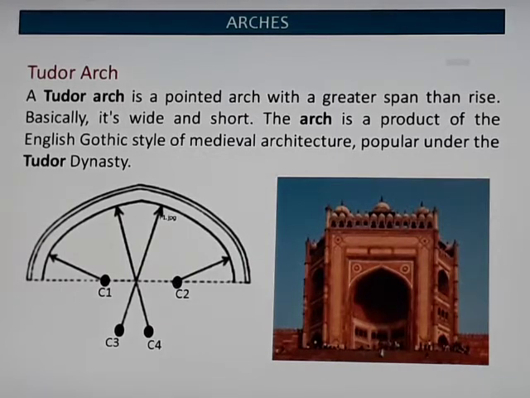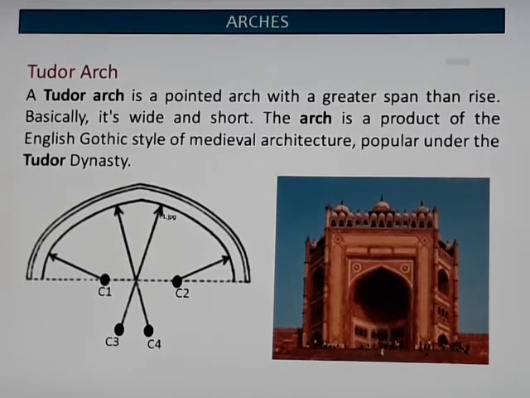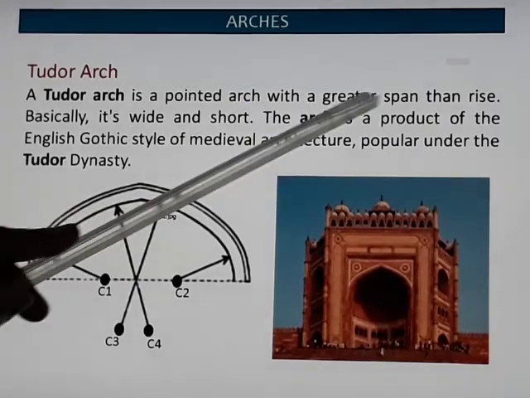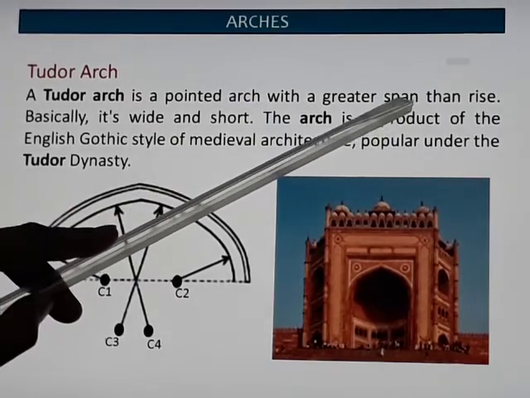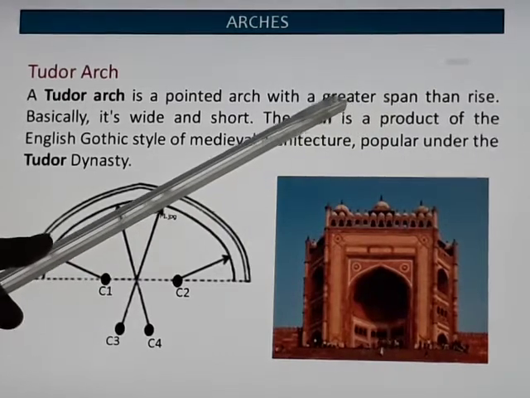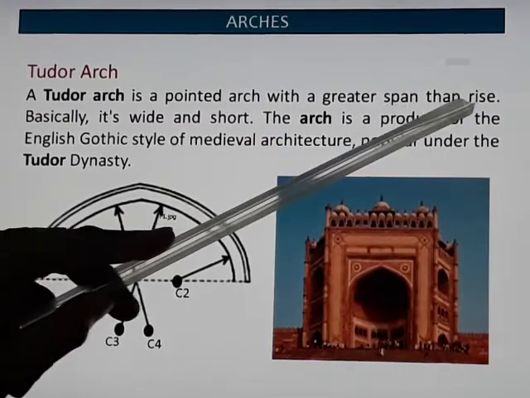The first variation of the four-centered arch is the Tudor arch. A Tudor arch is a pointed arch with a great span. As we just went through the basic characteristics, it spans greater openings, so it has a greater span than rise.